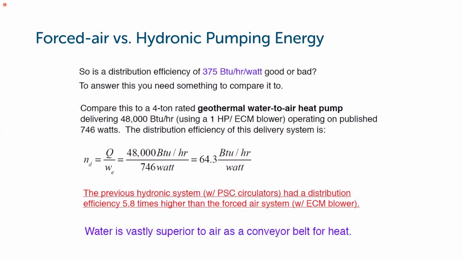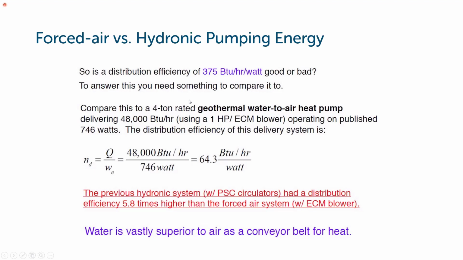So what do we compare that to? The comparison he uses is a 4-ton rated geothermal water to air unit. So this is forced air distribution, where you're taking the heat from the ground, the geothermal system, and creating a hydrocoil that you're blowing air across to do forced air delivery throughout the building.